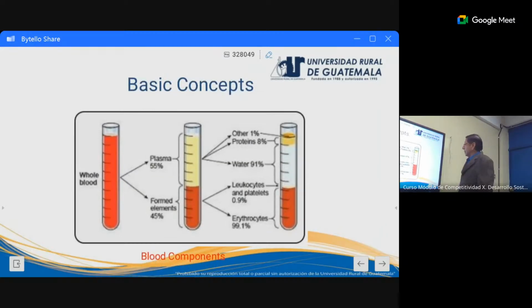And let's analyze this example here, that is the blood. Remember that blood is the liquid that we humans have in our body.